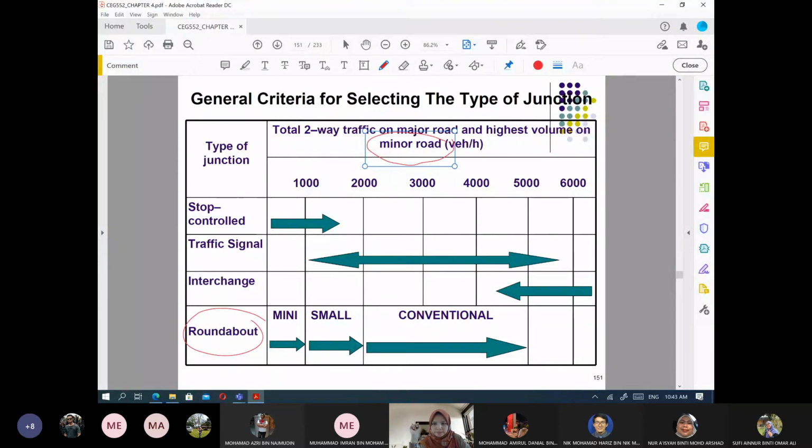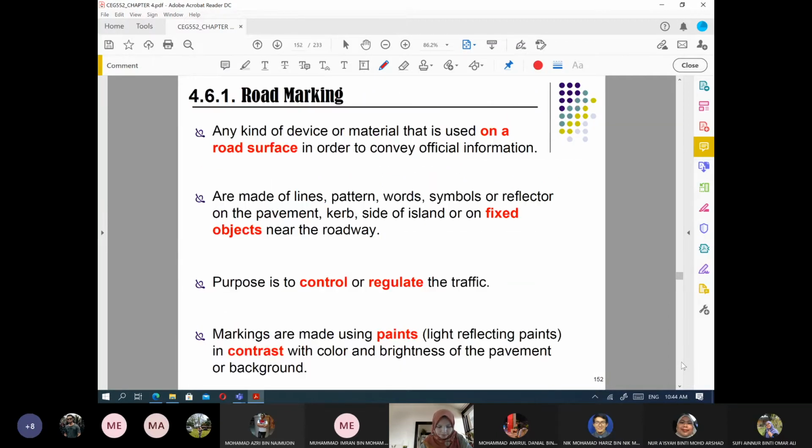Tapi that is one of the biggest roundabout, kita panggil dia rotary, ya, rotaries. The biggest rotaries in the Asian country. That is the biggest one. Okay, so kalau siapa yang pergi tu boleh tengok lah. Alright, roundabout, so dia bergantung kepada jenis, the number of the volume on the minor road.